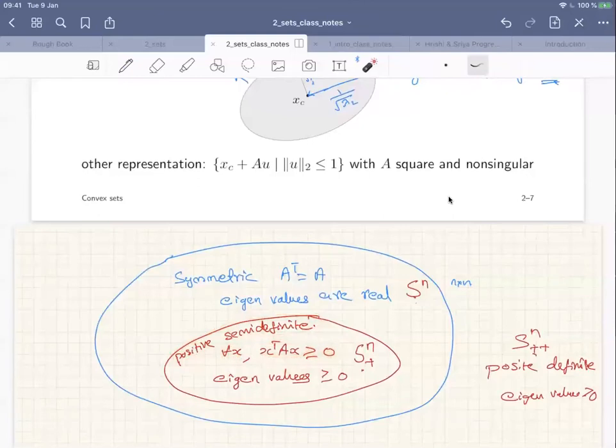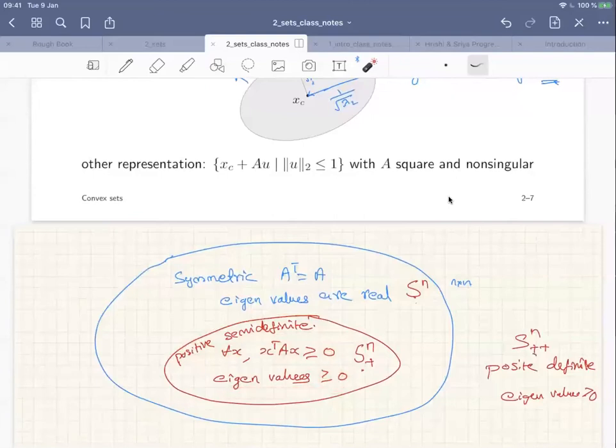Equivalently, this is the same as saying that all eigenvalues of the matrix A are non-negative. We are not proving this in this course, but you are encouraged to see the proof of this.